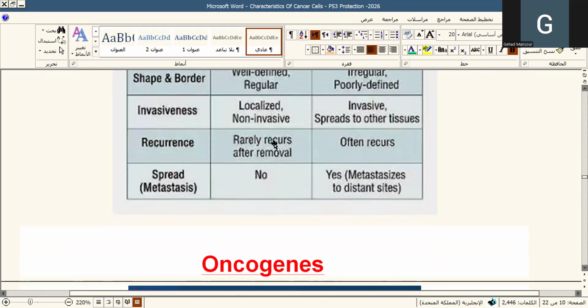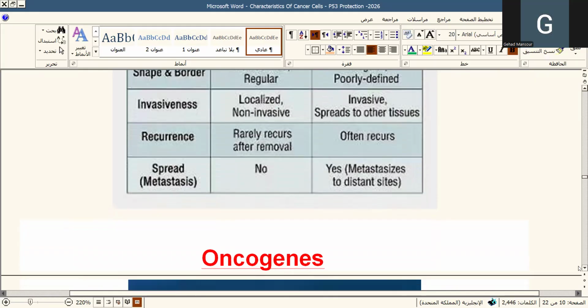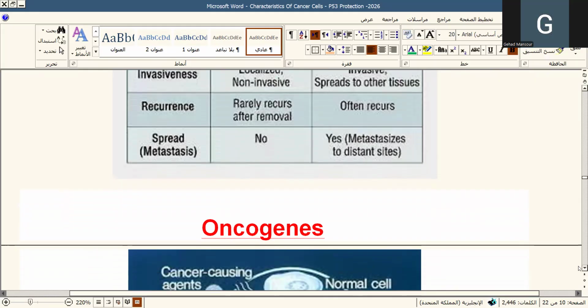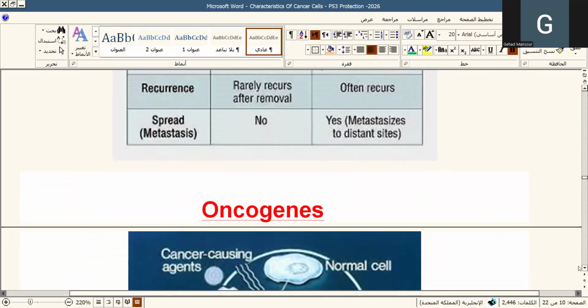That's why when you remove the benign tumor surgically, it's rarely recurrent, but of course, there is a high rate of recurrence in malignant tumors.